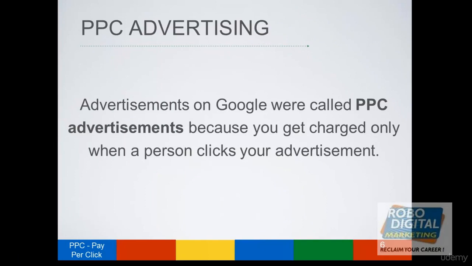When Yahoo was there, Yahoo generally charged for CPM, that is cost per 1,000 impressions. If your ad is shown, you will be charged. But when Google came up, Google changed all the principles and gave a new principle, that is pay per click. You will be charged when somebody clicks on your ad. Otherwise, you will not be charged.